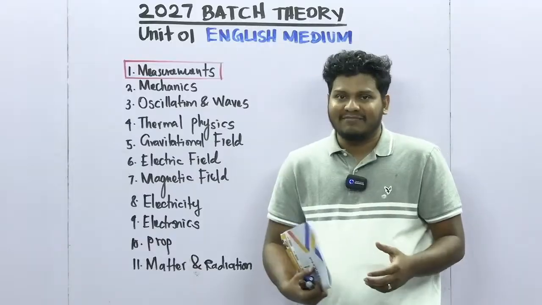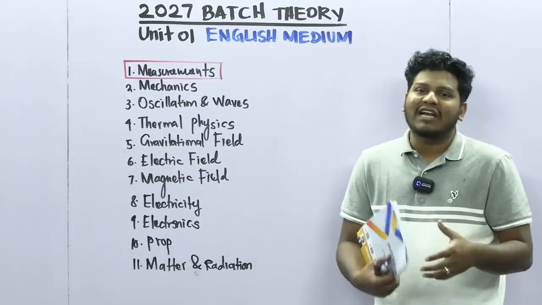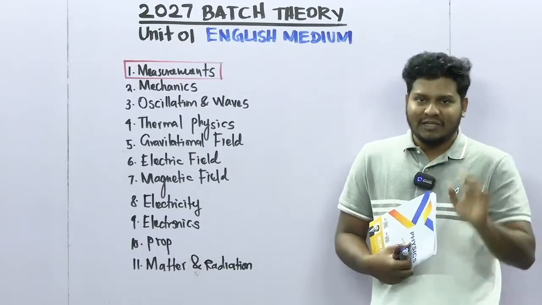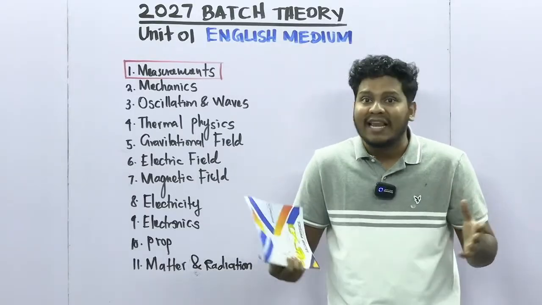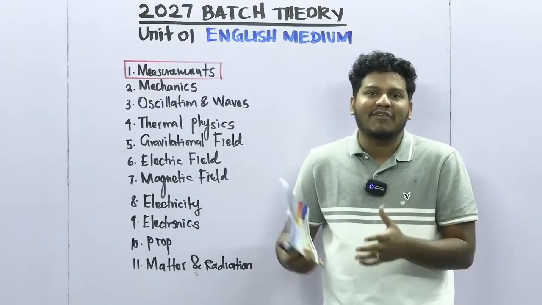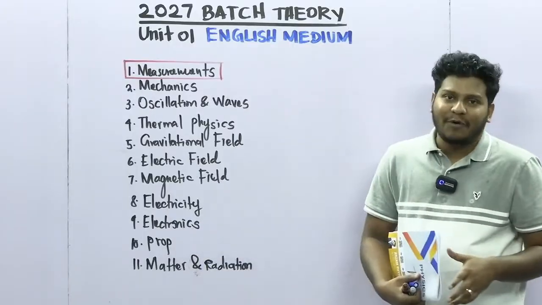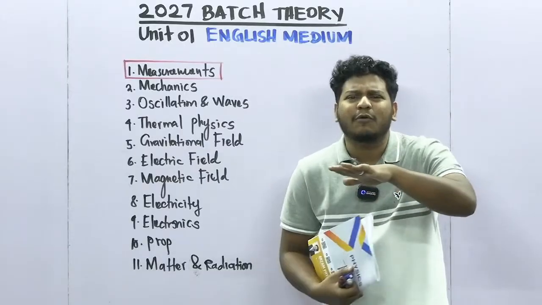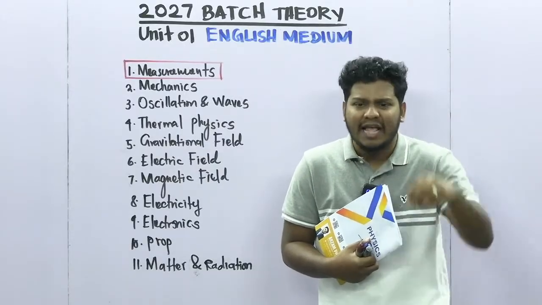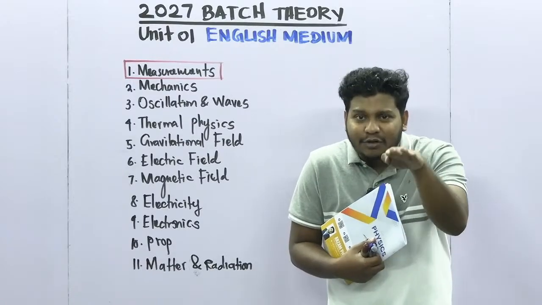In properties of matter, guys, we will study three main topics. One is surface tension, another is viscosity, and the third is elasticity. These three parts we are going to cover. Sometimes, on a still water surface, there is an insect at the top of the water.